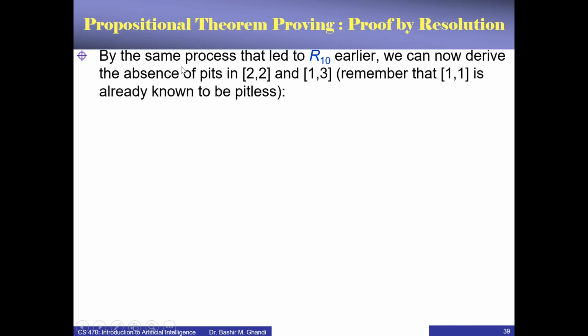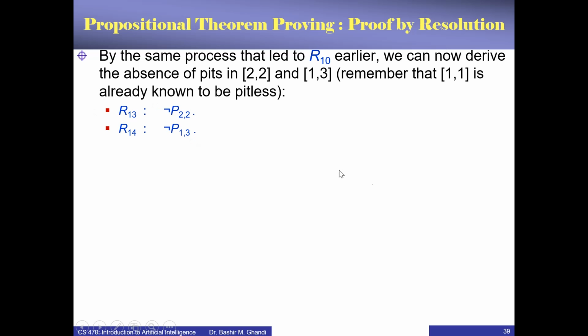By the same process that led us to R10 earlier, we can now derive the absence of pits in 2-2 and 1-3. Of course, we already said there was no pit in 1-1. So sentence number 13: 2-2 does not contain a pit, and also no pit in 1-3.